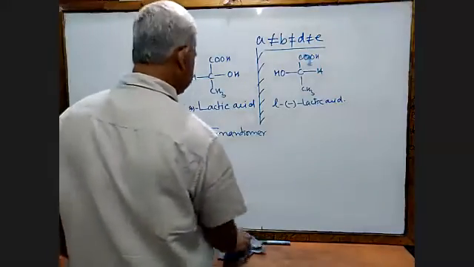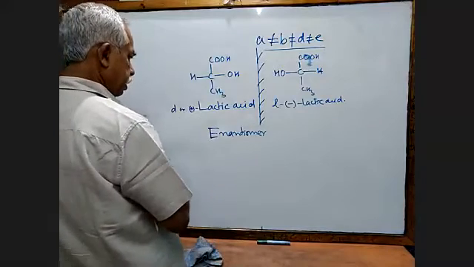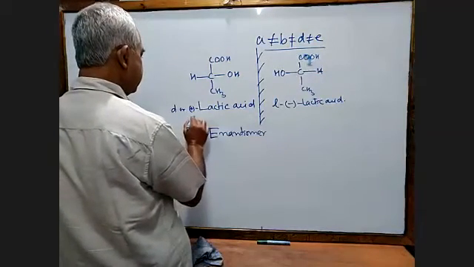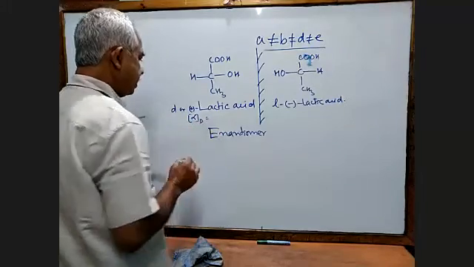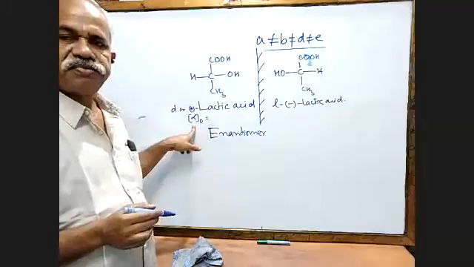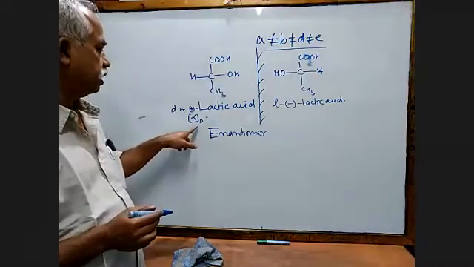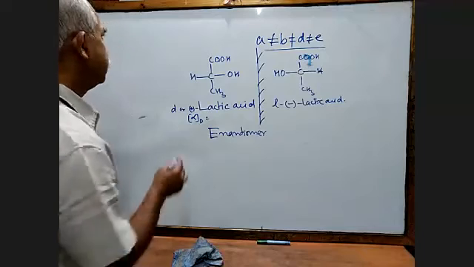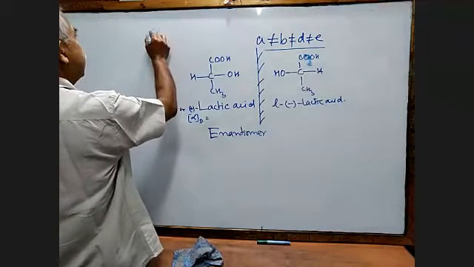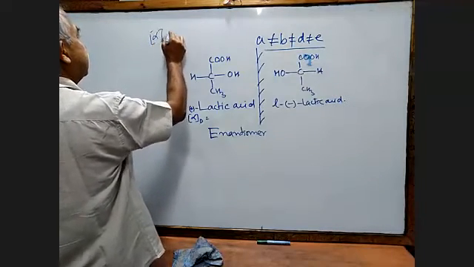All right. Now, dear, I'll write here alpha D. This is called specific rotation. How is the specific rotation calculated? Specific rotation, alpha D, is calculated like this.